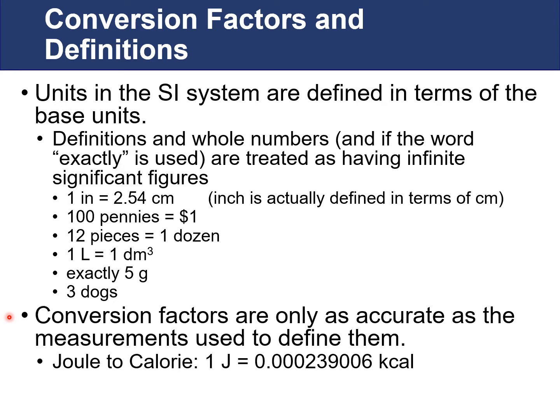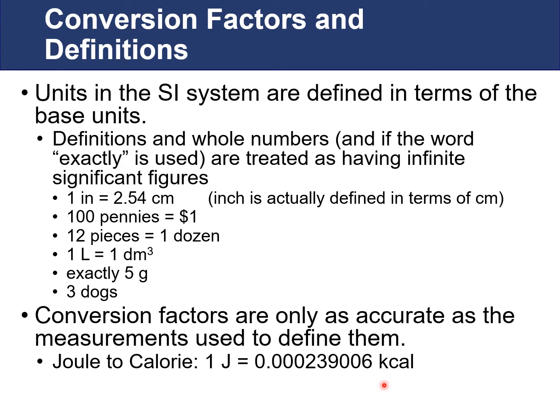Now, a lot of your conversion factors are only as accurate as the measurement used to define them. So, for example, converting from a joule to a food calorie, 1 joule is equal to 0.000239006 kilocalories. This is a measurement.